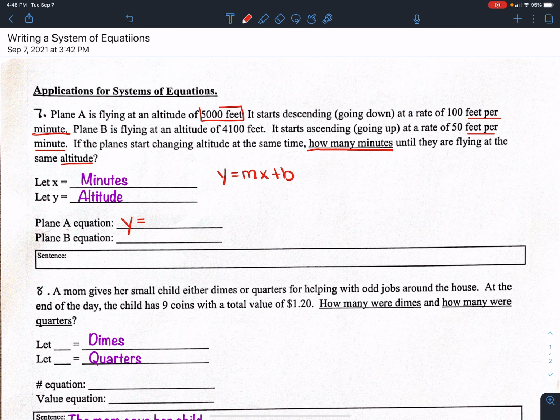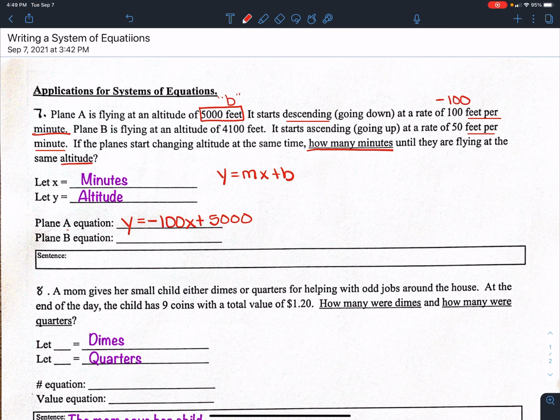That's its starting value, so that's going to be the b, the y-intercept. So we know that the y-intercept is going to be 5,000. And it's descending, so descending is going to be negative. So it's going to be negative 100 per minute. We don't know how many minutes there are. That's what we're trying to figure out as well. It's going to be positive 5,000 feet because it is above ground.